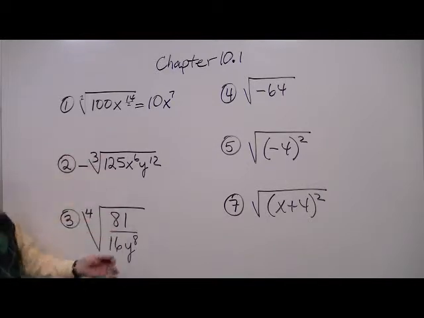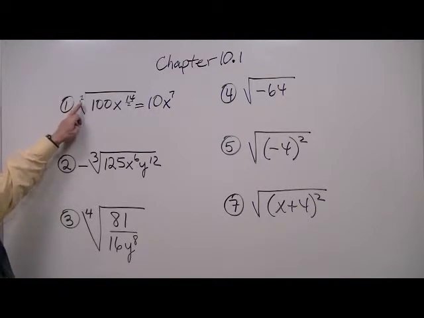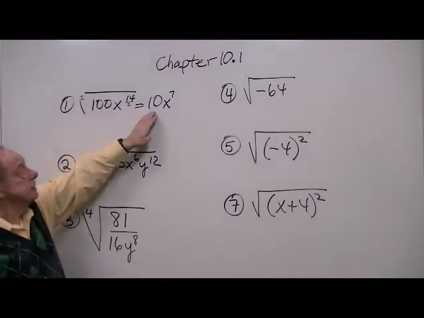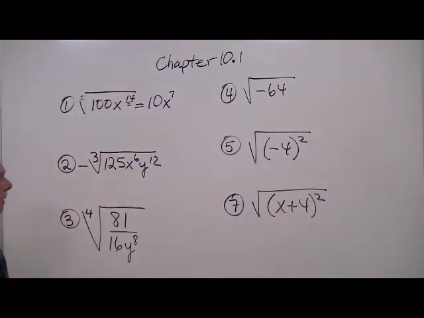Now, the instructions for this is they want the non-negative answer, square root or root. And if it's the square root, the non-negative one is 10. That's sometimes referred to as the principal square root, or the principal root.